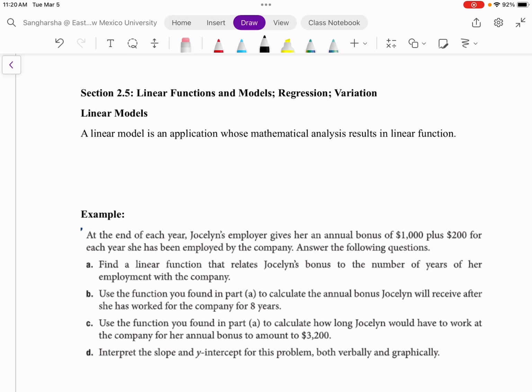mx plus b. Okay. Or we have all seen the slope-intercept form, right? y equals mx plus b. That's the slope-intercept form. That is linear, right?